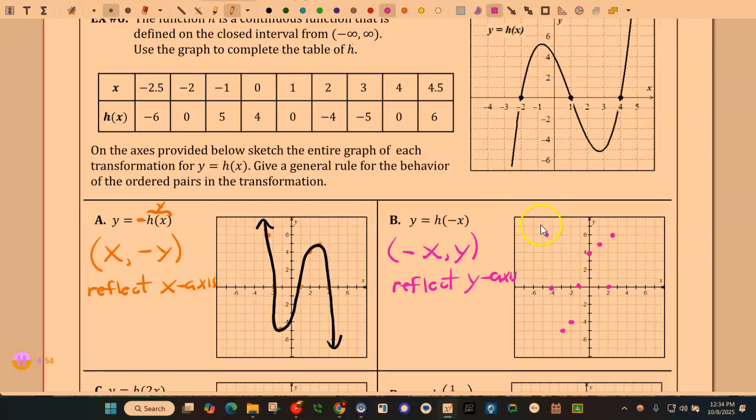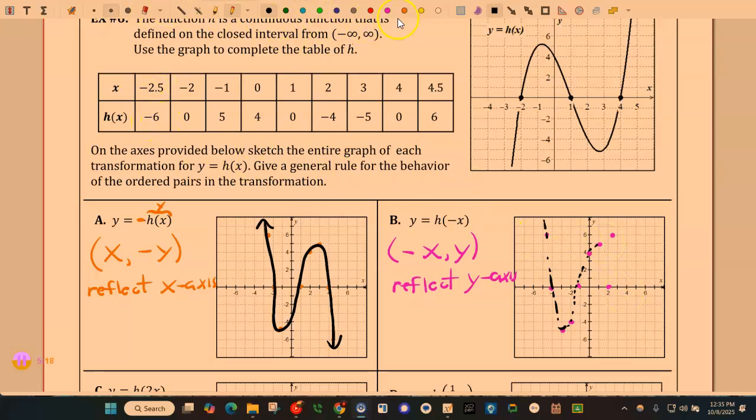All right, so we connect all those together. Something like this. Okay, and wait a minute, that doesn't look right. Let me double check this one. 2.5, was that 6? Negative 2.5, positive 2.5, negative 6.